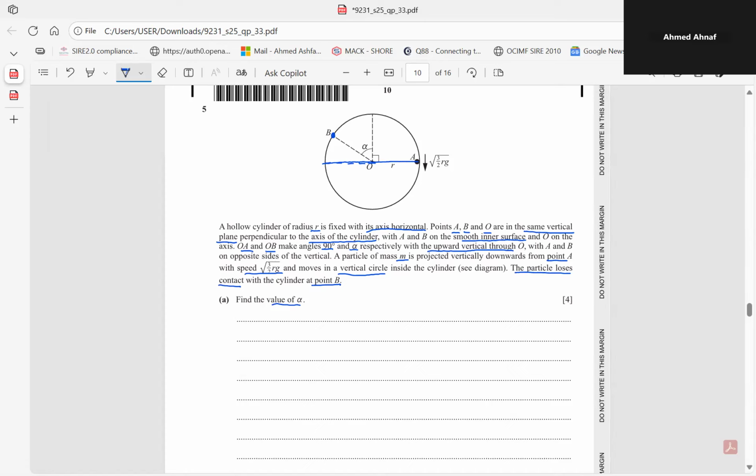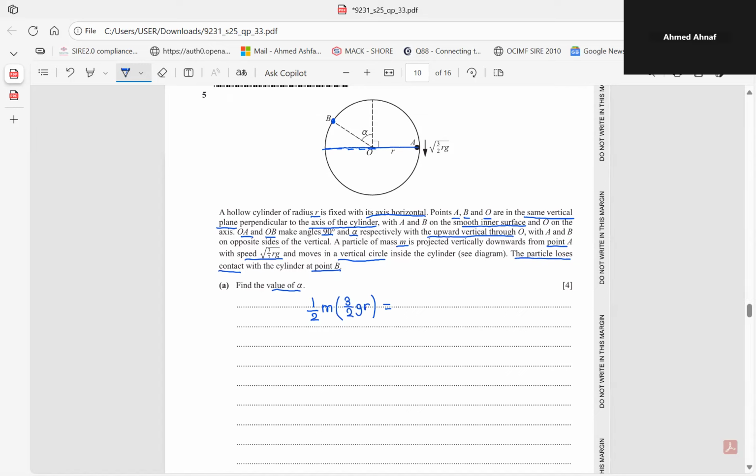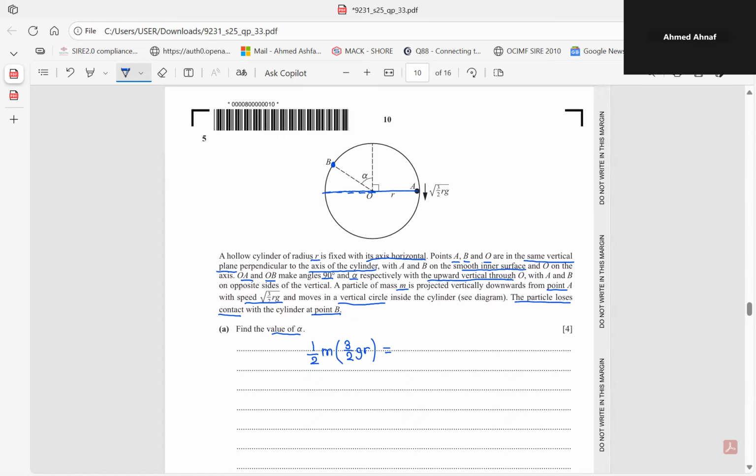Since A is on this line, there is obviously no GPE, so there's only KE. So the KE is just half, the particle mass is m, times v squared, which is 3 over 2 gr. This is equal to the total energy at B.